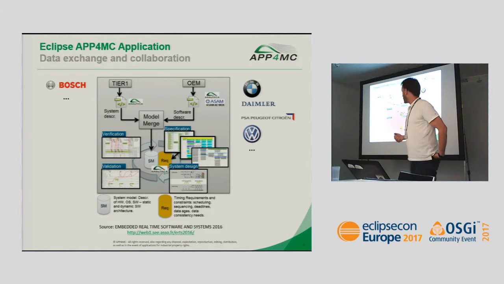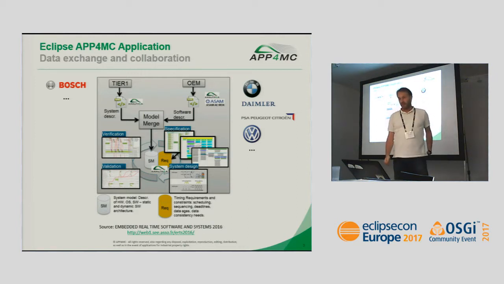And so we have to have a merged model of the overall software. And typically, we are not allowed to see the software of the OEM, and the OEM is not allowed to see the software of Bosch, for example. So we have a high-level description that allows us to deal with it without the details.